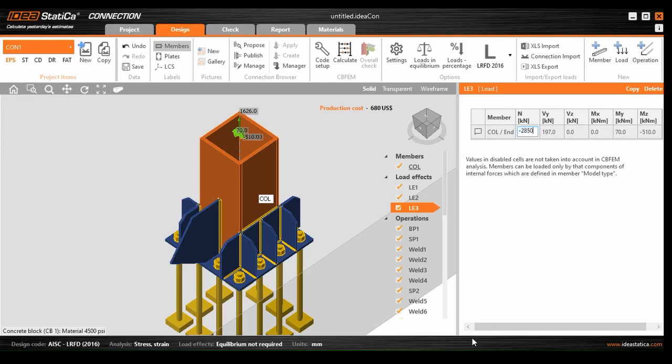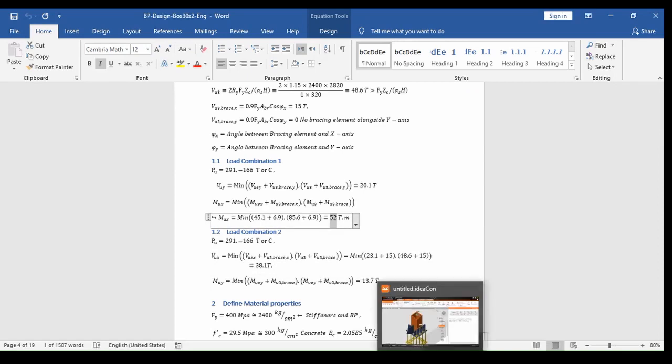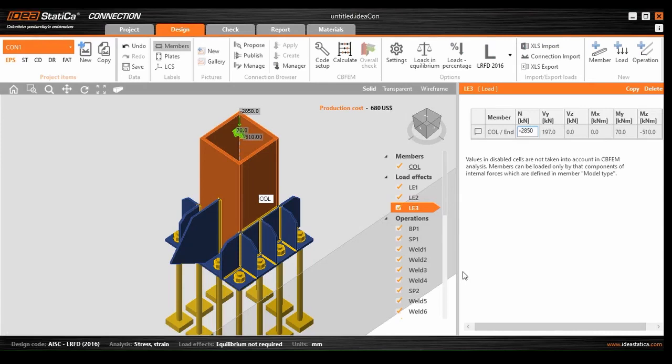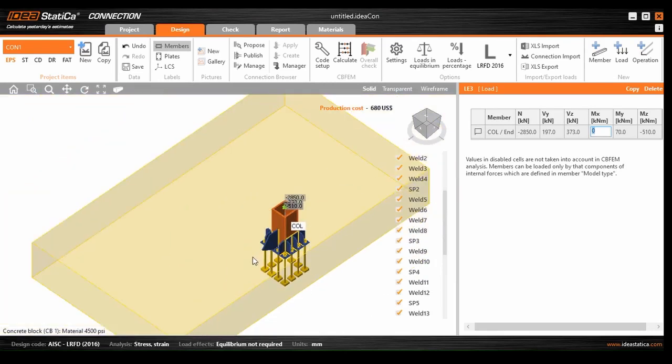2850 here again because we want to model this load combination with VUX and MUY. So VUX is VZ in our model, and it is about 373 kilonewton, and it doesn't matter which direction you put it in, because from both sides we have the same distance from the edge of the concrete.